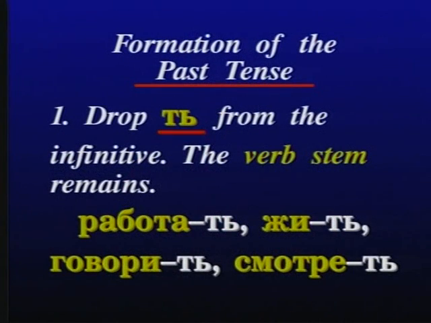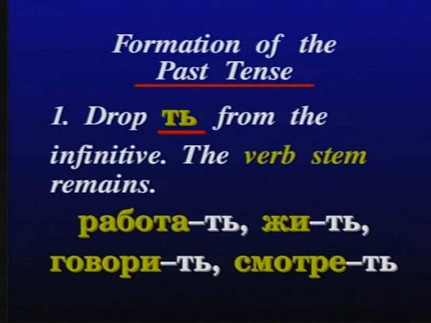This is the first thing that we do. Drop the -ть and the soft sign from the infinitive. The verb stem remains. Let's look at the verb работать. If you get rid of the -ть and the soft sign at the end, what remains is called the verb stem.